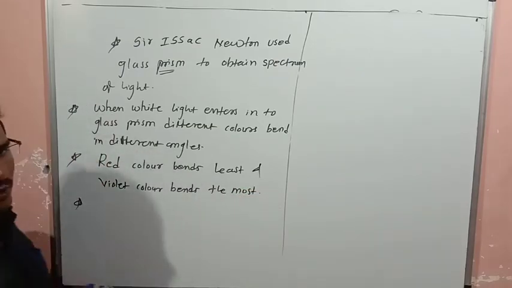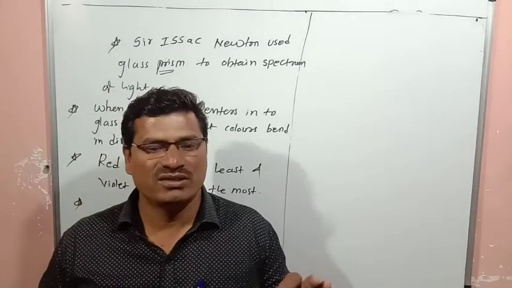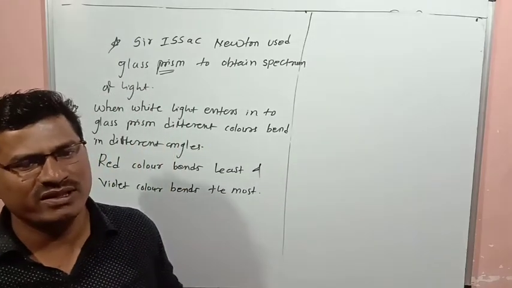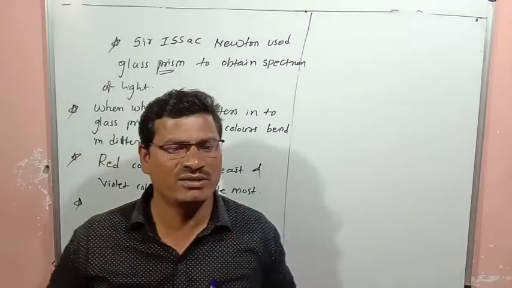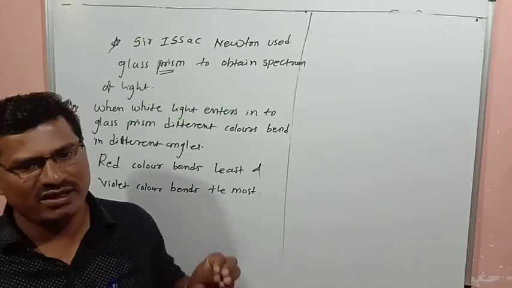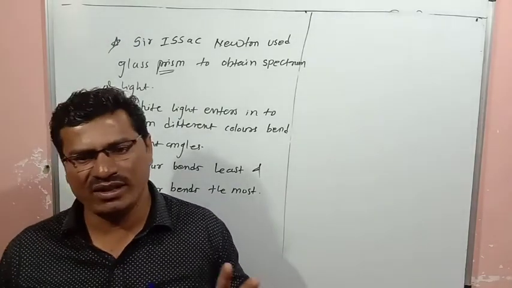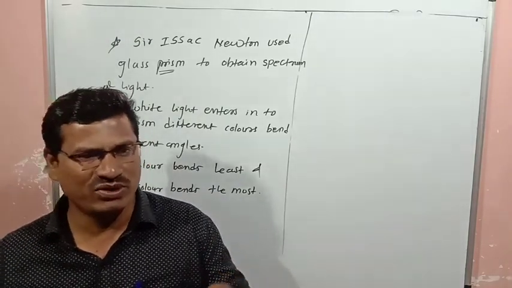And last point we can say, 7 colors emerge along different paths, and they get separated and form a spectrum of 7 colors.